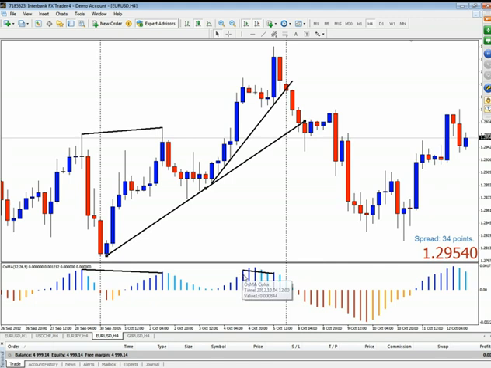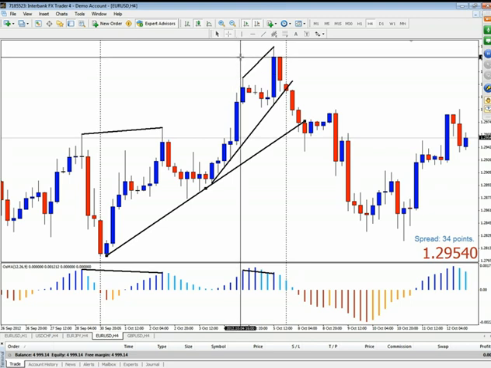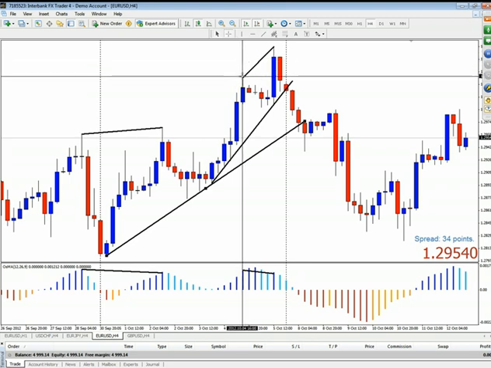So sometimes you've got to make the chart a little bit bigger and look at the indicator to see, well, is this divergent or not? So let's bring up the crosshair now, and I'll line them up. As you can see, this one lines up with this one, and this one lines up with this one. So you've got a high and a higher high, and you have a high on the indicator, but a lower high.